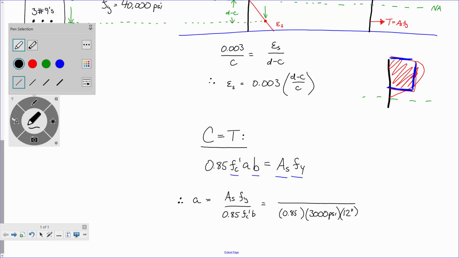All right. As is 3 square inches. And 60,000 psi, or no, 40,000, sorry, 40,000. All right, so what does that give you?